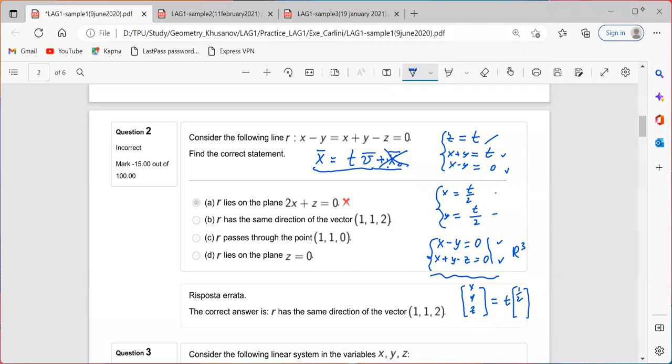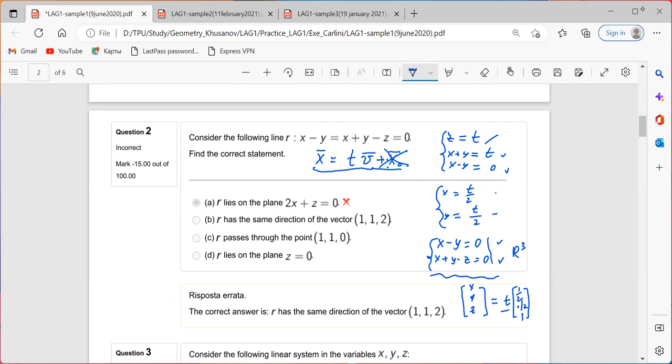Y coordinate equals t over 2, t outside, that's why inside we will obtain 1 over 2 again. And z component t outside, inside we will obtain only 1. So we have vector 1 over 2, 1 over 2, and 1. And this vector, we can consider t is any real number.